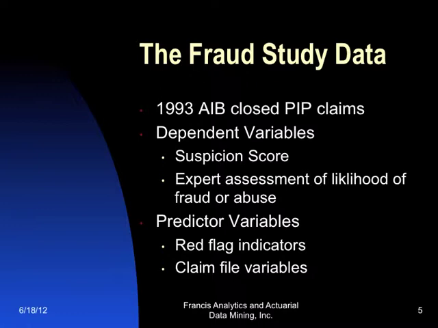A 0 would be no, totally legitimate claim, and a 10 would be egregious, planned fraud, whatever. And then there were ranges in between.